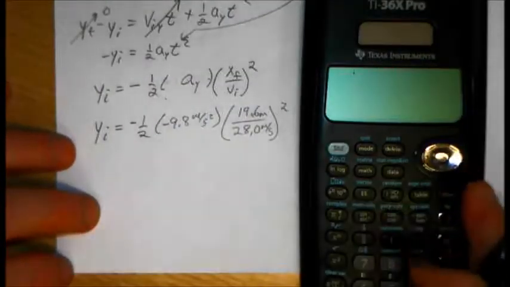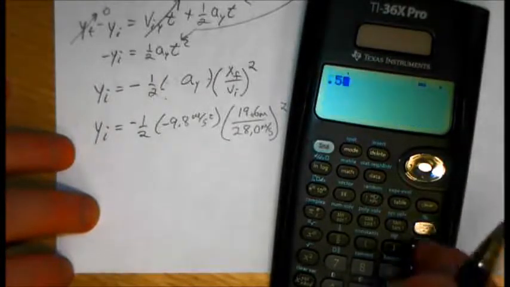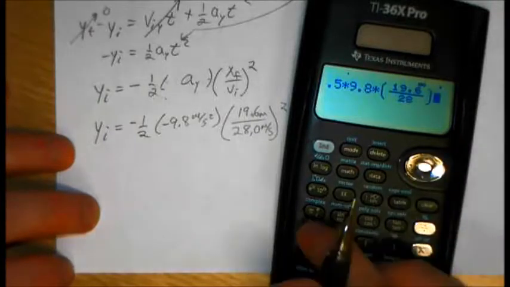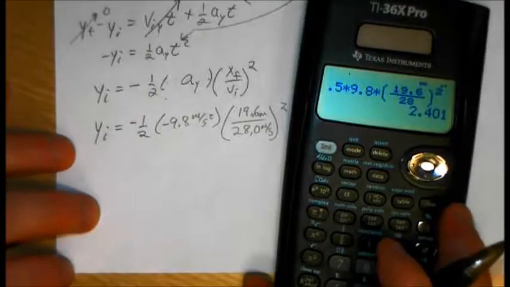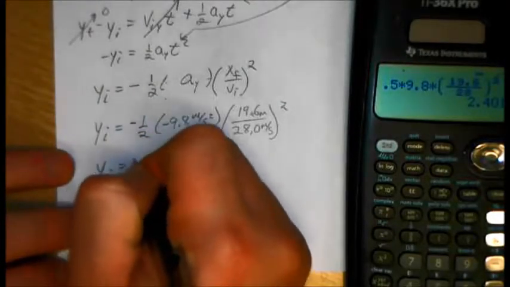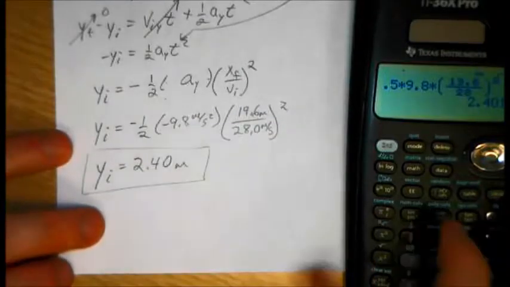The negatives cancel out, so that's good. So 0.5 times 9.8 times 19.6 over 28, quantity squared, gives me 2.40 meters. That's my answer.